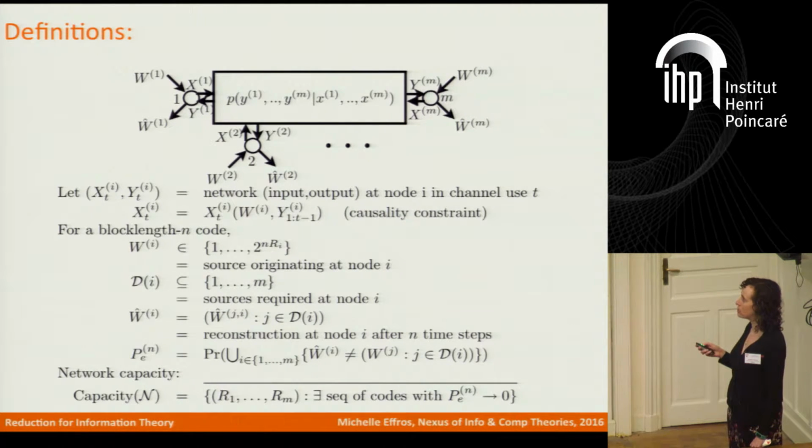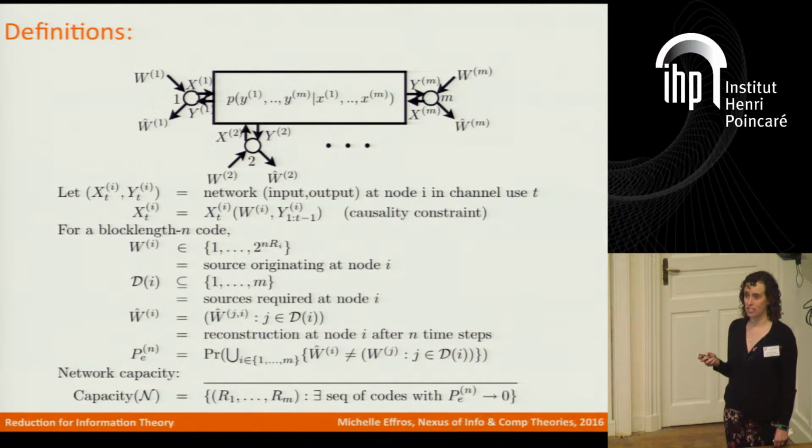Now, if we're going to use this network n times for our communication problem, the message w_i, which will have some rate R_i, can take on one of 2^(nR_i) possible messages. So this source originating at node i takes on one of 2^(nR_i) values if he's trying to communicate at rate R_i. And likewise, each node may have a particular subset of demands. These are the sources from other nodes that he's interested in reconstructing.